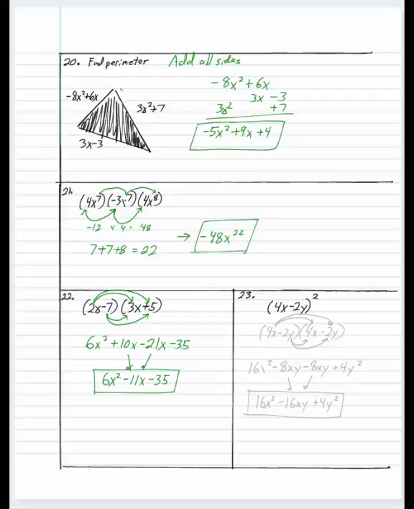Negative 2y times 4x is negative 8xy. And negative 2y times negative 2y is positive 4y squared. And then the middle terms may combine to become negative 16xy. And everything else just comes down.